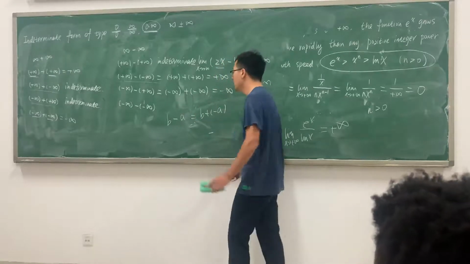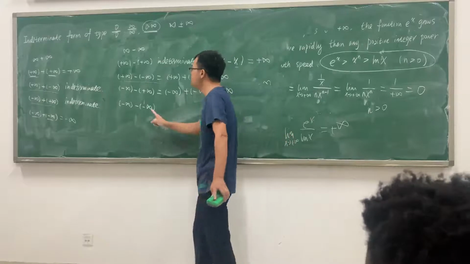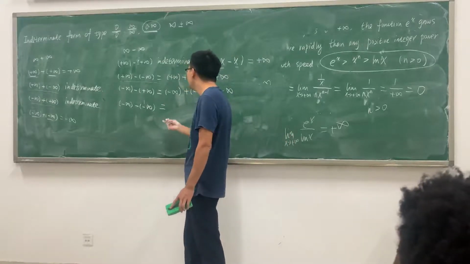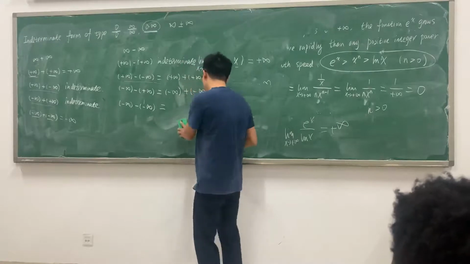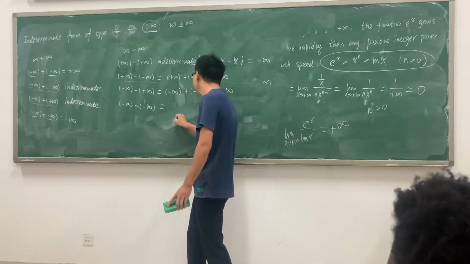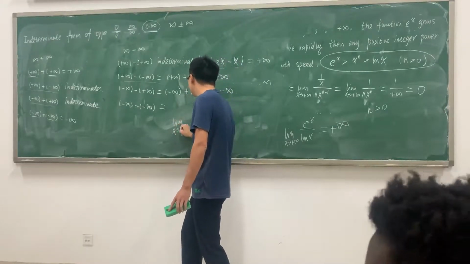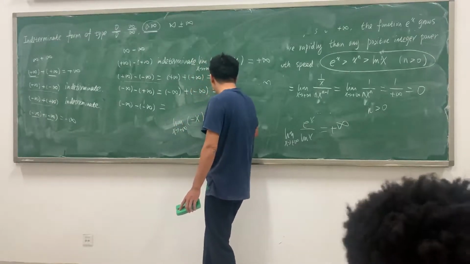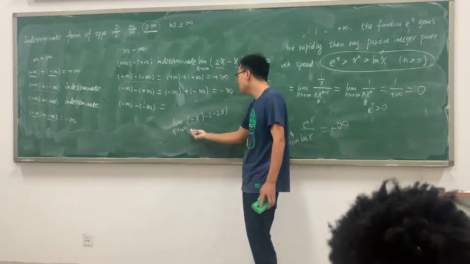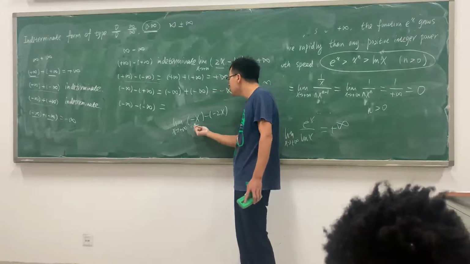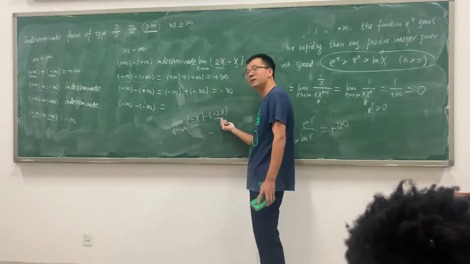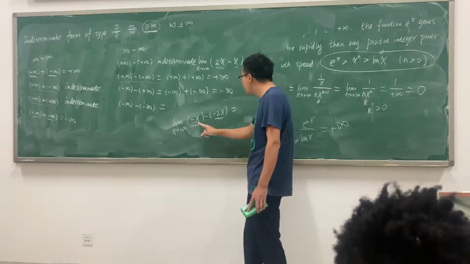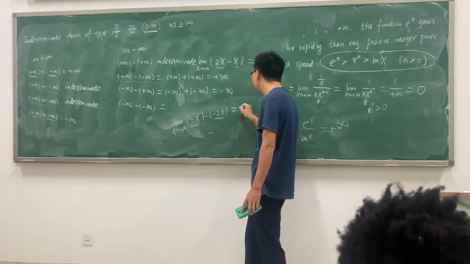And for the last one, limit as x approaches plus infinity of minus x minus 2x: minus infinity minus minus infinity. The result is minus x plus 2x, which is x, so plus infinity.